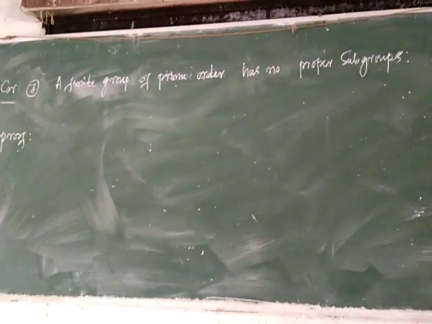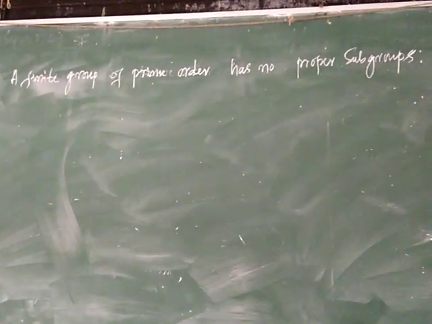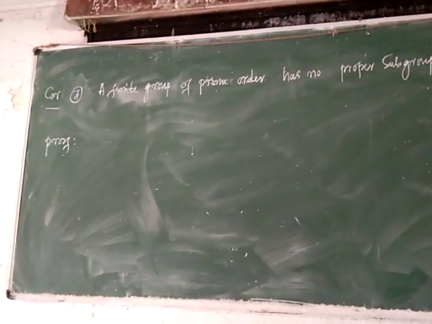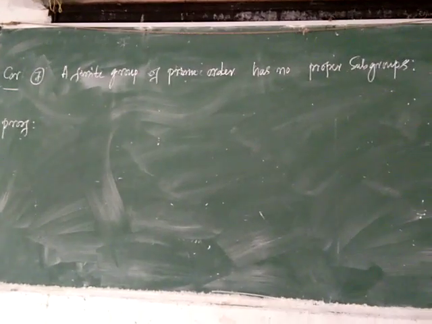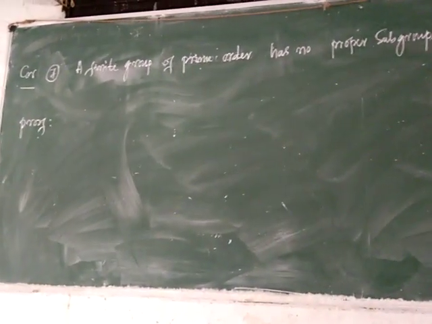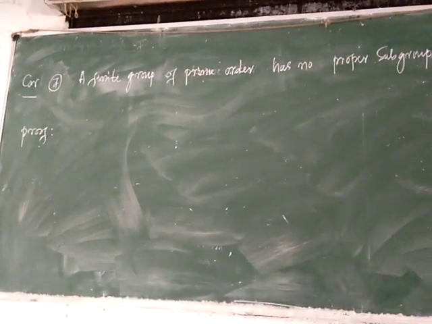Before going to the proof, let us try to know what are proper subgroups and what are improper subgroups.